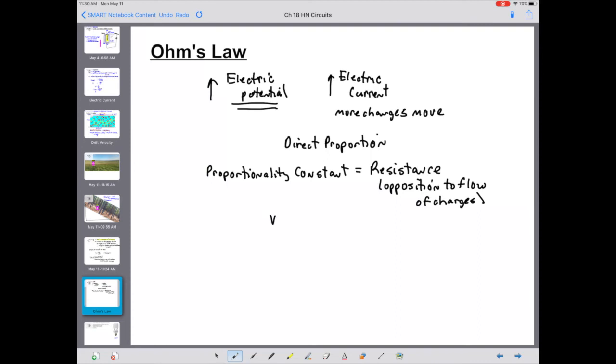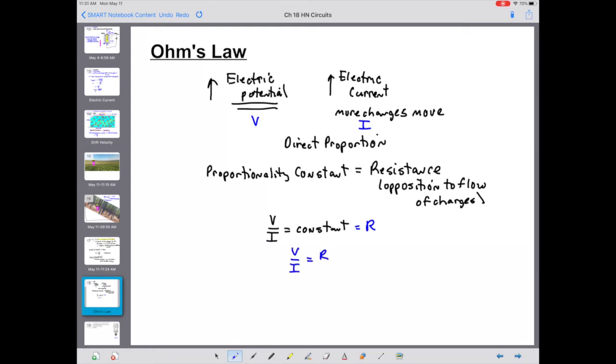And so then if we set up an equation, the ratio of V over I is equal to a constant, remembering that V is your symbol for electric potential, I is your symbol for current. And so that constant is then equal to R, which is resistance.